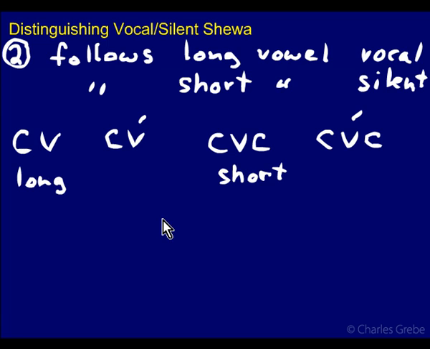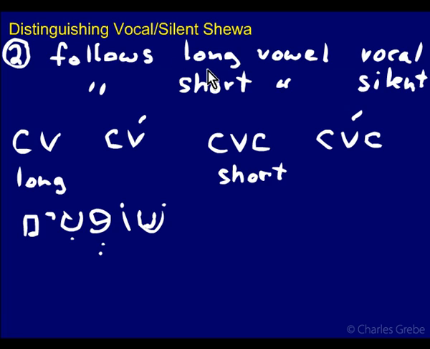Now with that in mind, let's take a look at an example. I don't want to pronounce this, because if I pronounce it, I'll give away how I'm dealing with that Shewa. I don't want to do that just yet. So we have this word. It means judging or judges in Hebrew. And let's actually just apply a rule. Here we have a Shewa. So we look and say, okay, what does it follow?